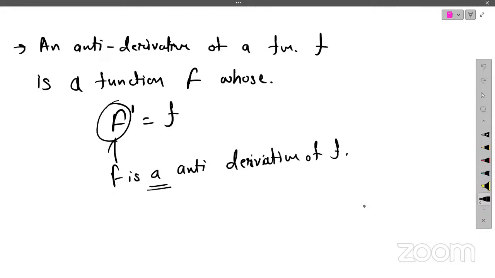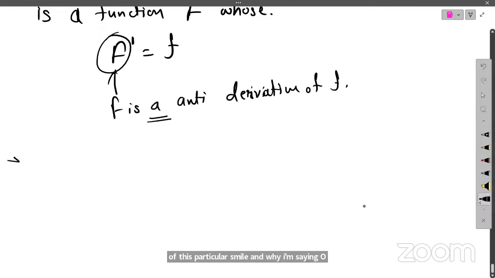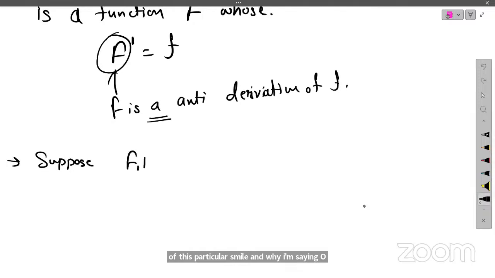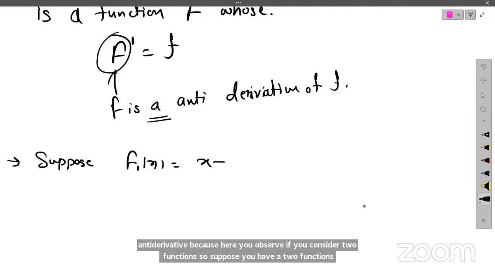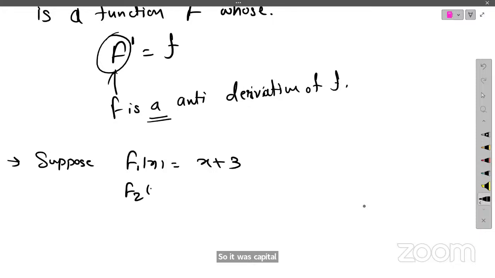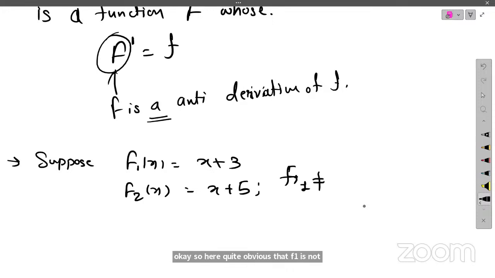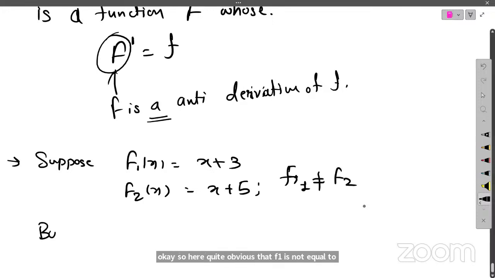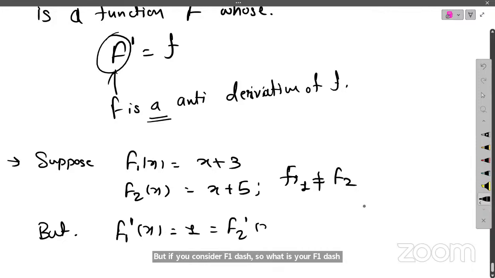And why I'm saying an antiderivative? Because here you observe, suppose you have two functions, capital F1, you can take simply x plus 3, and capital F2, you can take simply x plus 5. Right? So quite obvious that capital F1 is not equal to capital F2. But if you consider F1 dash of x, it's actually equal to 1, and this is same as F2 dash of x.